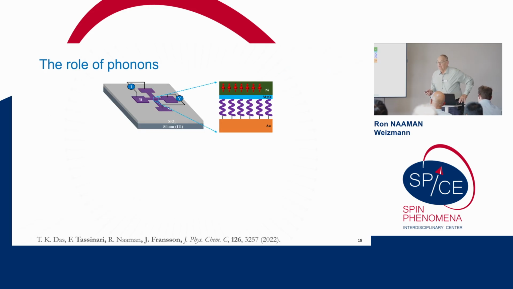Now we go to the phonons. We all learned that if you want to see good conductivity or good spin polarization, cool the system. That's something you learned as an experimentalist on the first day. So here we have the system now. We can measure the spin polarization going through such a system.